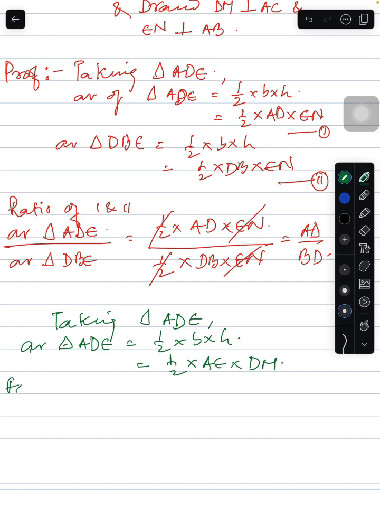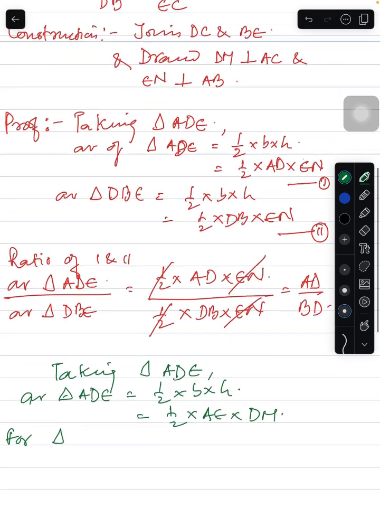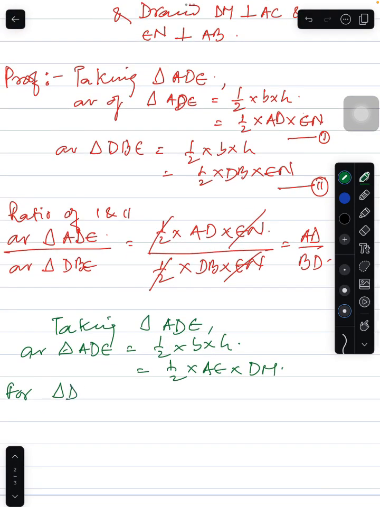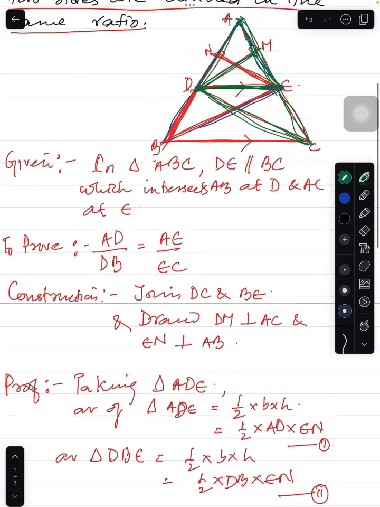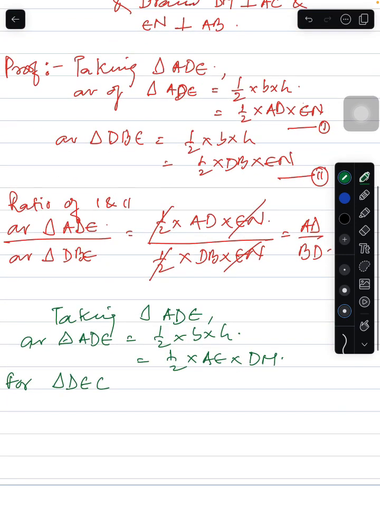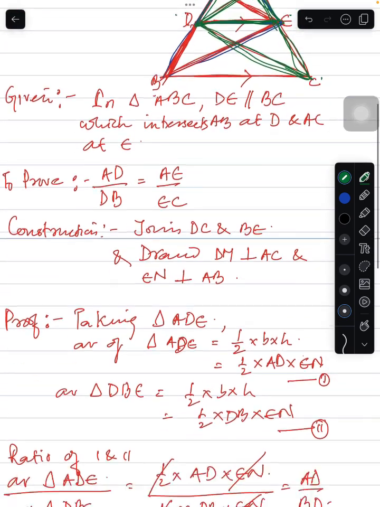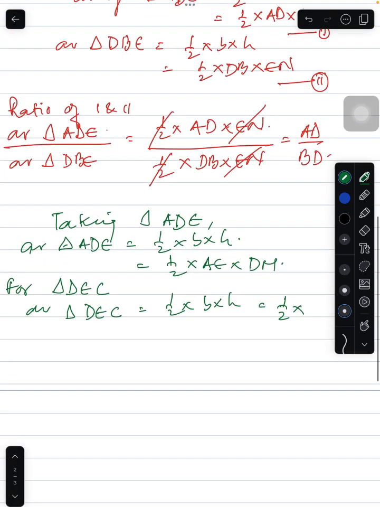For triangle DEC, what is the area? Area of triangle DEC is again half into base into height, which is nothing but half into EC into, what will the height be?